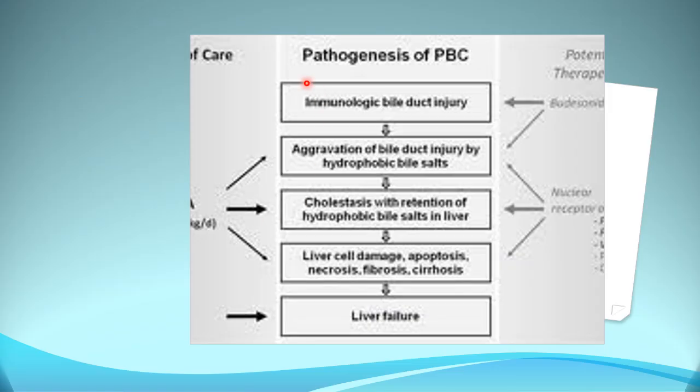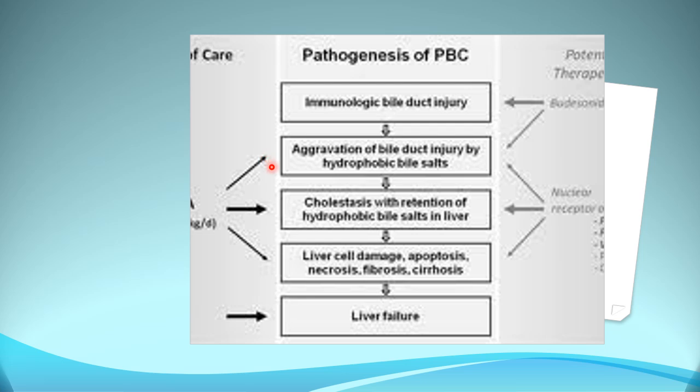So here is the pathogenesis of primary biliary cirrhosis. There is an immunological bile duct injury, because of an immunological mechanism, immunity against the mitochondrial protein. Because of this, there is aggravation of the bile duct injury by the hydrophobic bile salts.